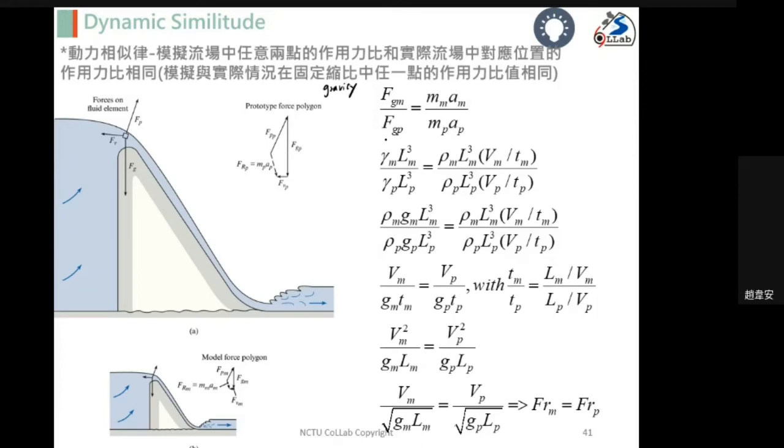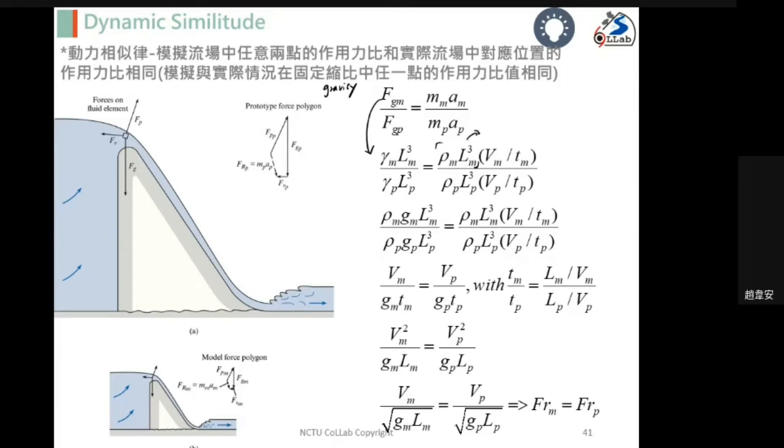So we assume the force is computed from gamma multiplied by the volume. Here we can rewrite the force, where gamma is the specific gravity multiplied by the volume. The dimension is L cubed, and it equals the density multiplied by the volume, which is the mass here.